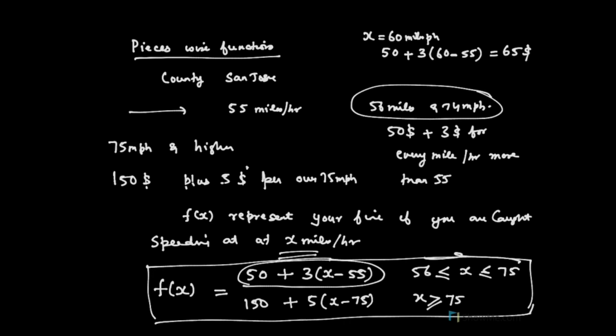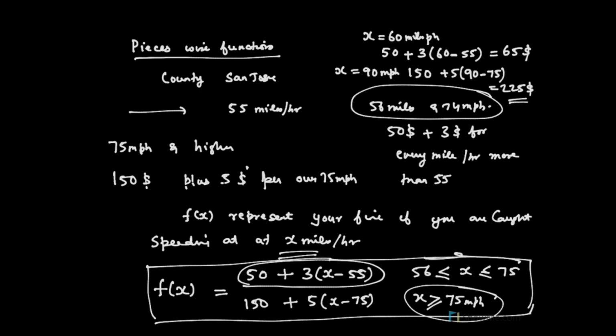On the other hand, suppose your speed was 90 miles per hour. Now 90 comes in the category more than 75, so put it in the second equation. So 150 plus 5 into 90 minus 75, and you're going to get a hefty fine of $225. So this is what is called a piecewise function.